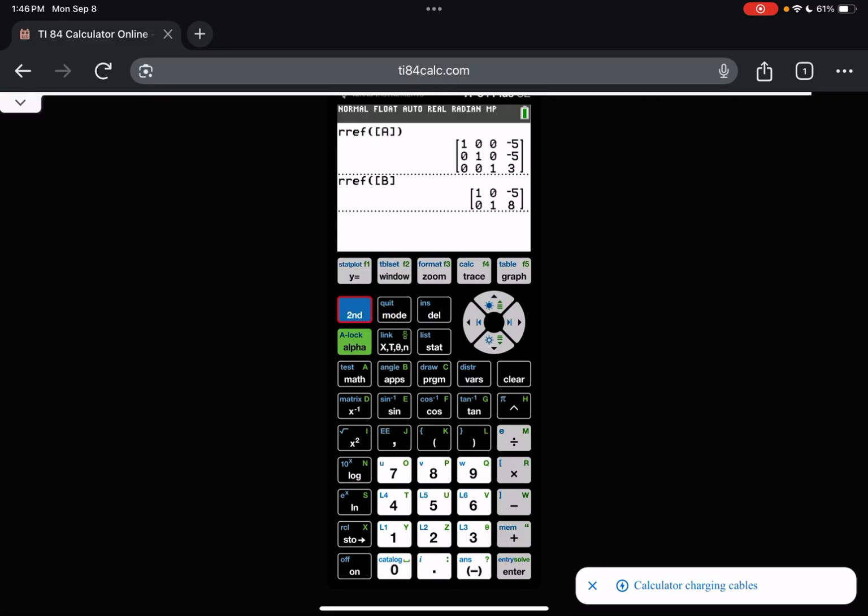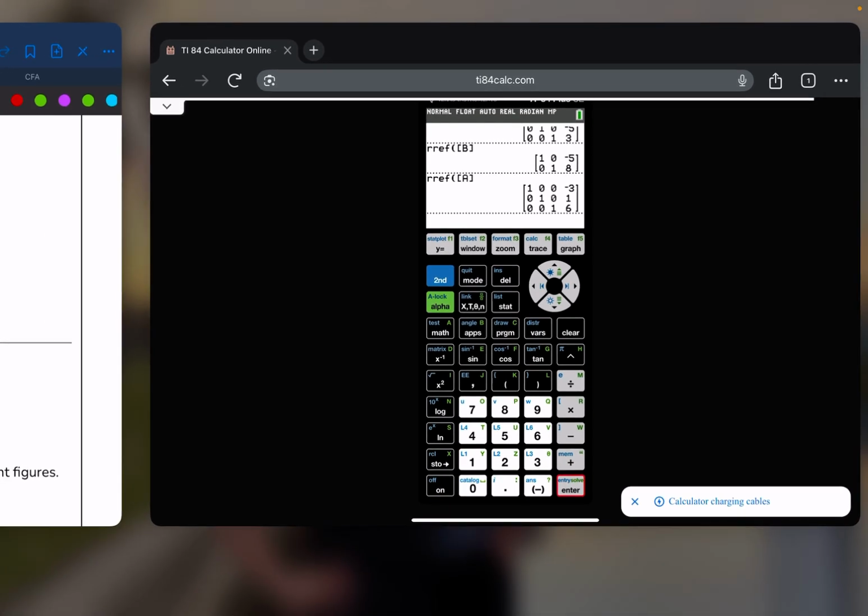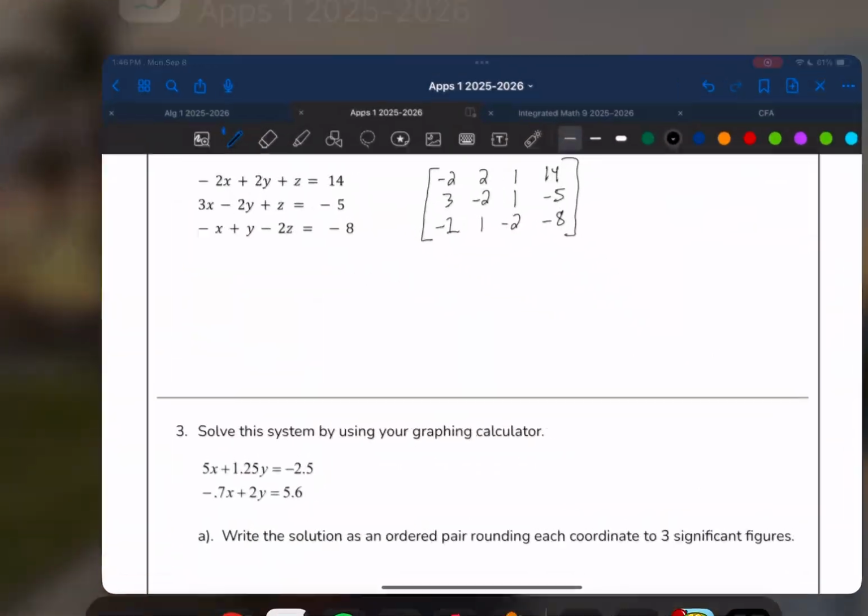All right, and then we can go matrix, math, RREF, second matrix, matrix A, press enter. We can see that our solutions are negative 3, 1, and 6.